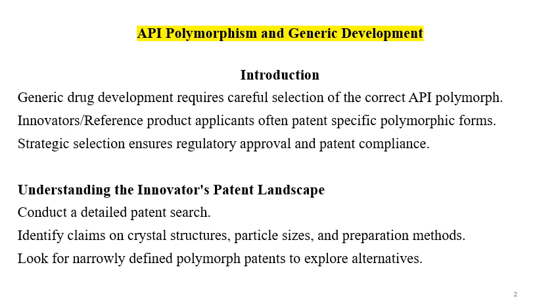The novel drug applicants, innovators, or the reference product manufacturers often patent the specific polymorphic form. These specific polymorphic forms may be more stable, have different solubility properties, different permeability properties, and also have an effect on the manufacturing process.